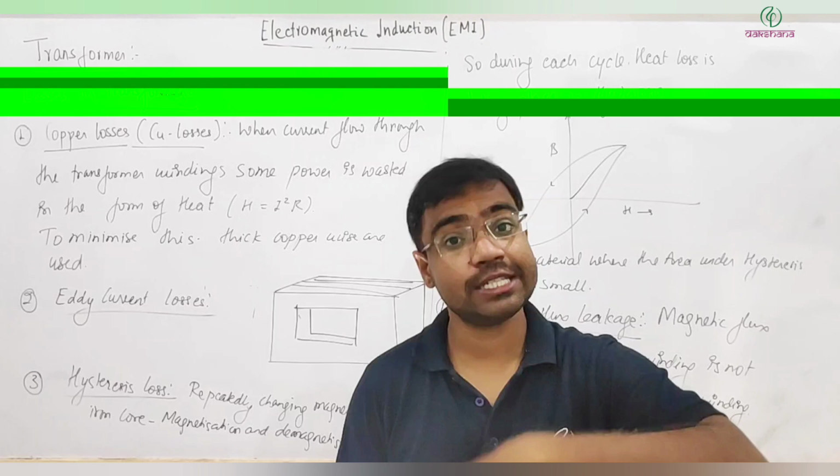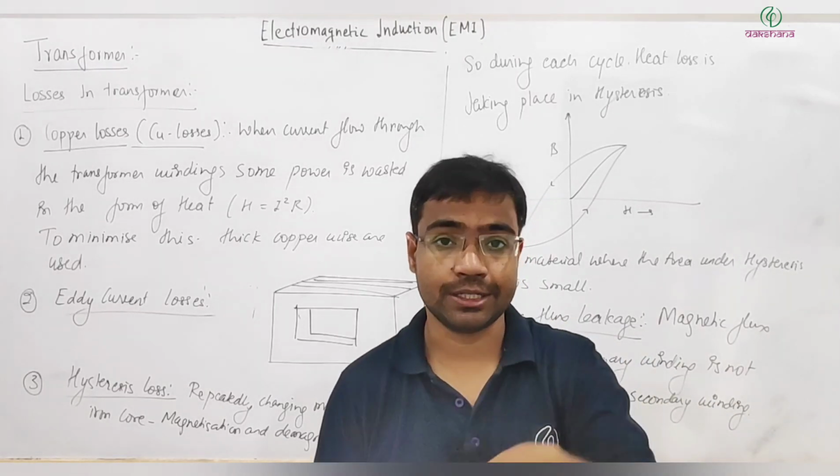And next is hysteresis loss. See, what is happening here? The magnetic flux is changing. The current or EMF here is AC, alternating, so it will be increasing, decreasing, increasing, decreasing, and so on. So this iron core is magnetized, demagnetized, magnetized, demagnetized.